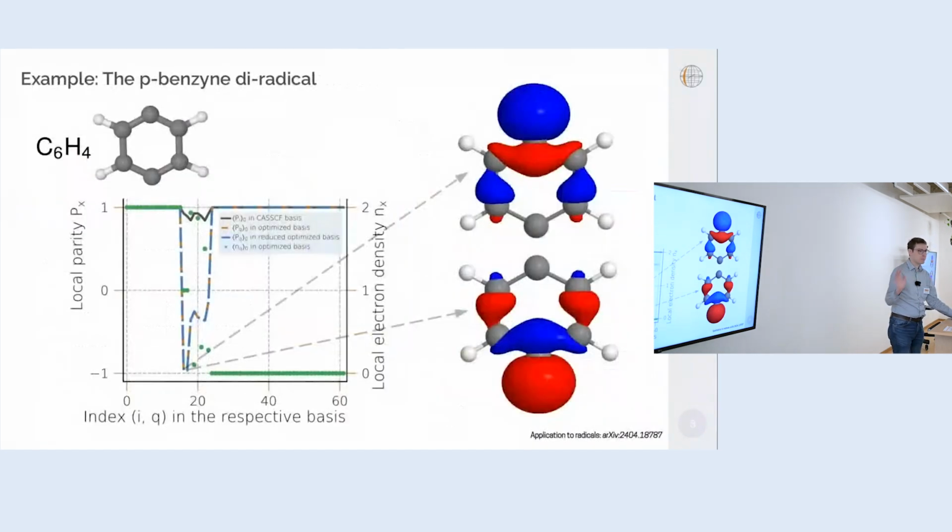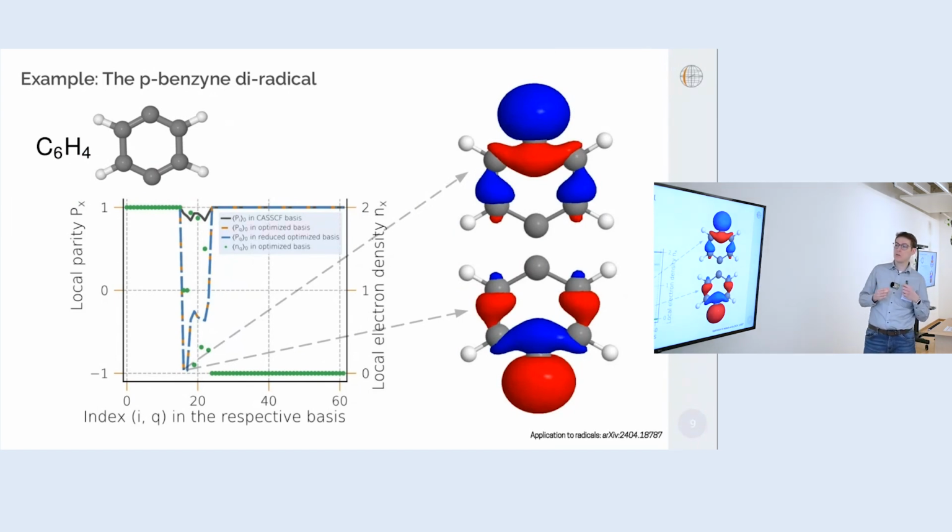Let's see how this looks in practice. Here we're looking at the closed configuration of the parabenzene molecule, which is known to be a diradical. So we know there should be 2 spin degrees of freedom in there, but they're not directly visible.